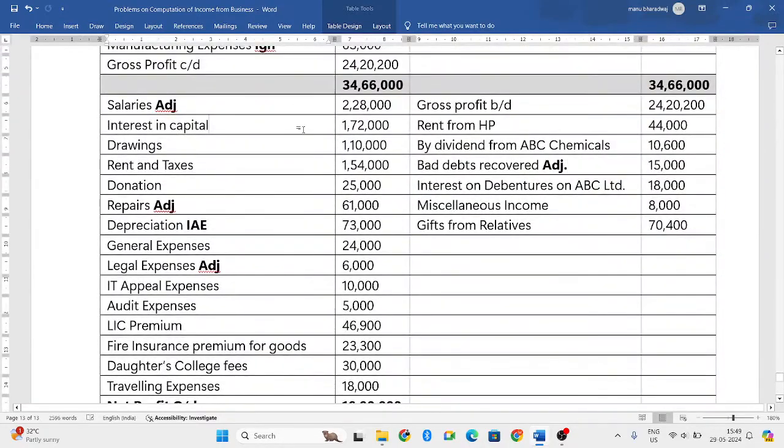Now let us come to the P&L account. In the P&L account, the first thing you have is interest on capital. As I have told you earlier, interest on capital and interest on drawings are both inadmissible. So we'll write it as inadmissible expenses. Drawings is also inadmissible expenses, as I have told you.